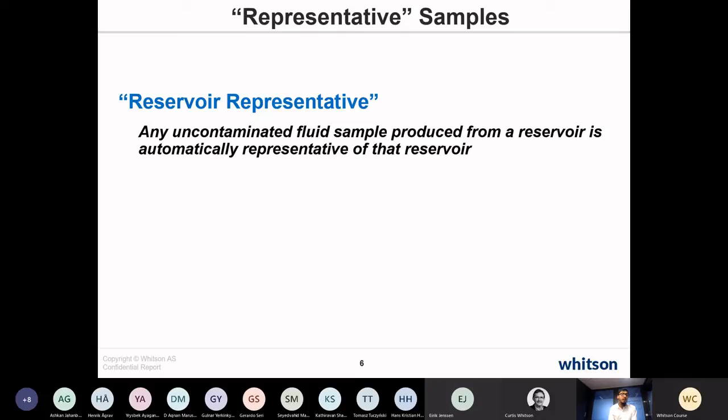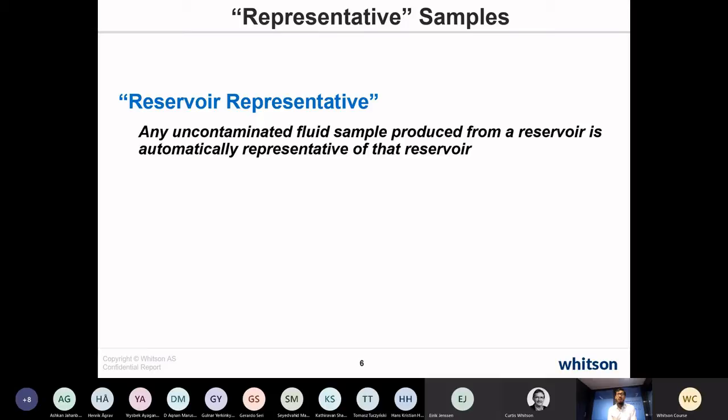It can be contaminated, for example, with water, but water can be separated easily from the samples, and then you can get a good hydrocarbon sample. But if it's contaminated with oil-based mud, then that mixes with your hydrocarbon phase, and it's not possible to separate it, and the compositions and measurements are affected by the contamination.